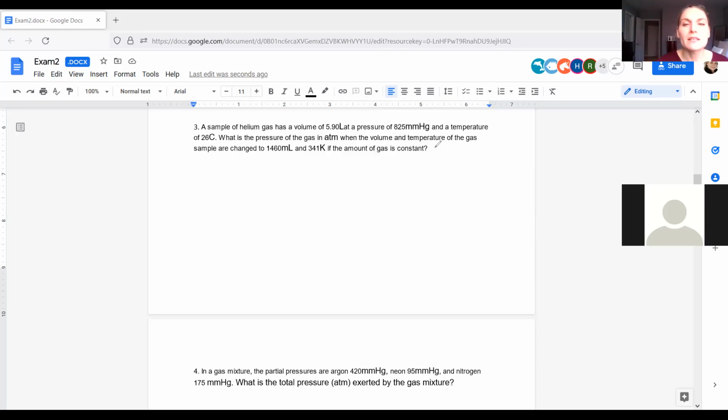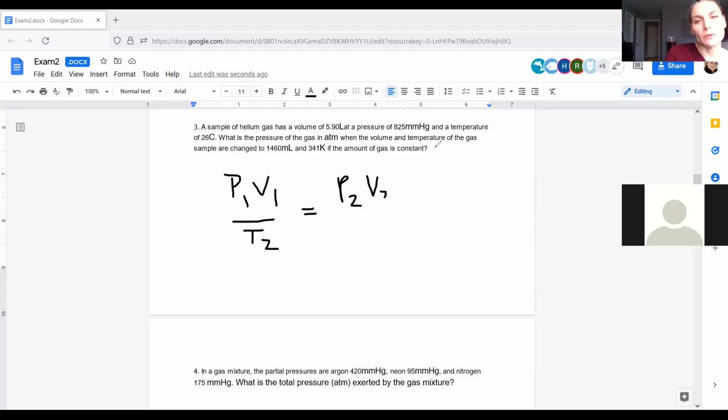When the volume and temperature of the gas sample are changed to 1460 mLs and 341 Kelvin, and the amount of gas is constant, here we're using the combined gas law, P2V2 over T2.